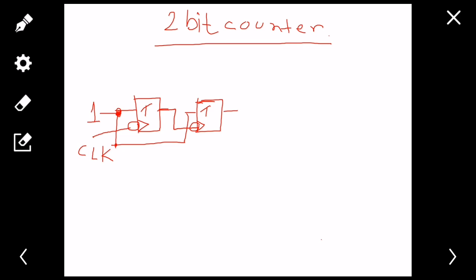Okay, so now let's talk more about how it functions. For example, there are two flip-flops. I'm calling one Q0 and the other Q1. Let's try to understand how it is actually operating. So this is a basic 2-bit counter.